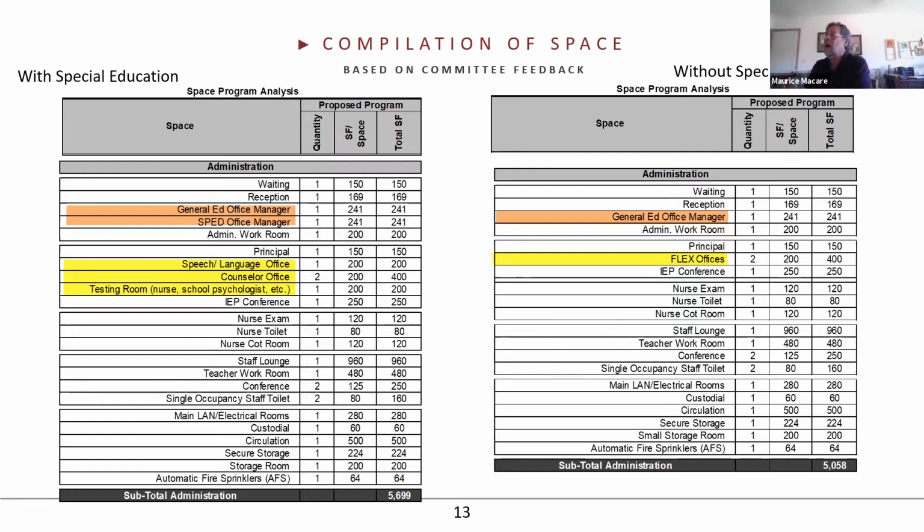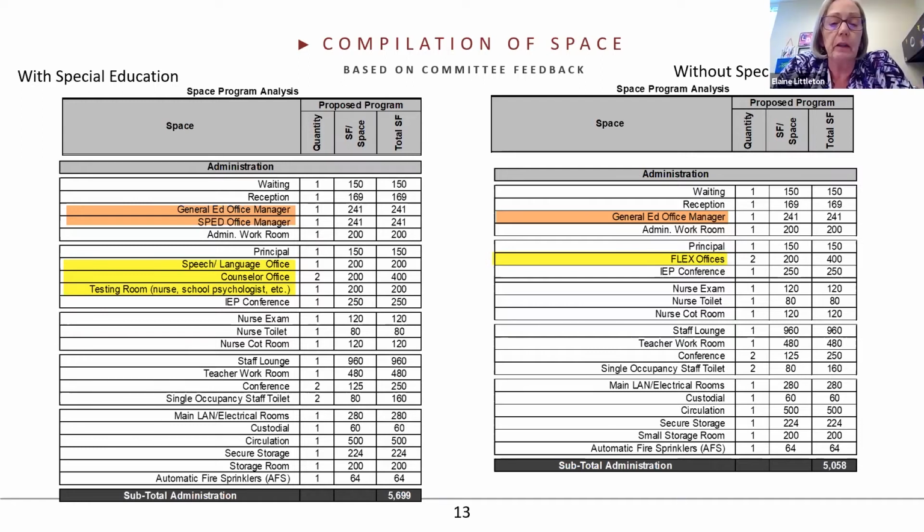Going back to the offices and to the speech therapists, in the one condition where we're pretty much looking at Richmond, right? What I thought I heard, and somebody correct me if I'm wrong, is that there would be two speech language offices, two counselors' offices, and one testing room.